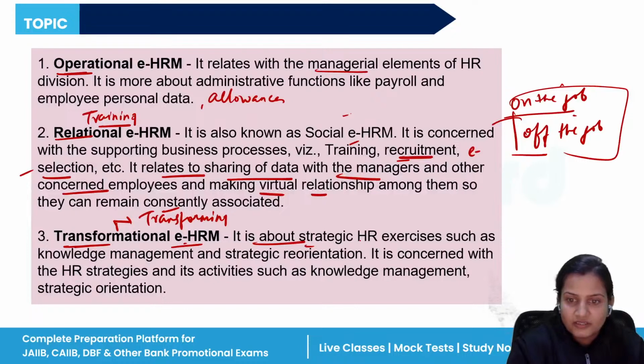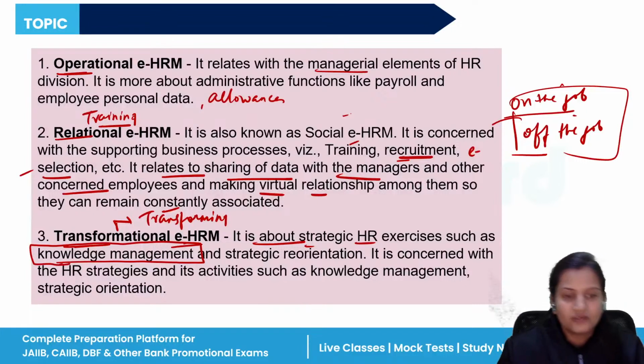So it is about strategic HR exercises such as knowledge management. Now, what is knowledge management? If any employee is working in your organization, that employee needs a lot of knowledge.